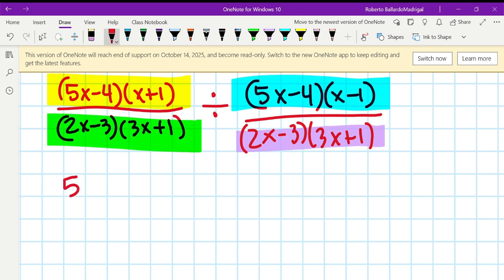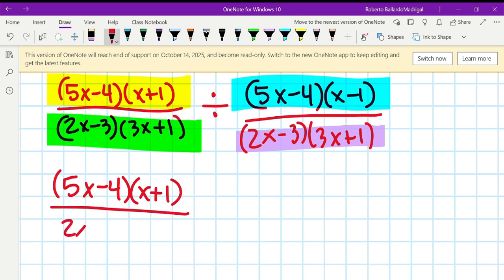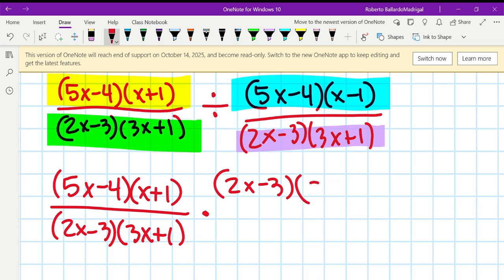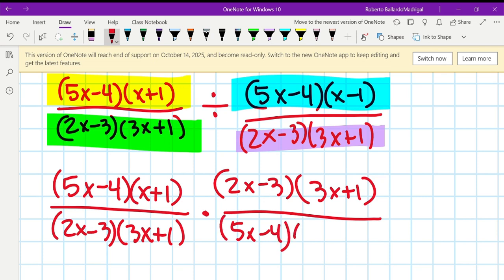So we get 5x minus 4 times x plus 1 over 2x minus 3, 3x plus 1. This becomes times now 2x minus 3, 3x plus 1 over 5x minus 4, x minus 1.